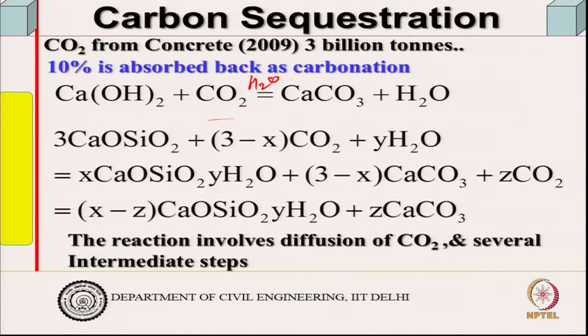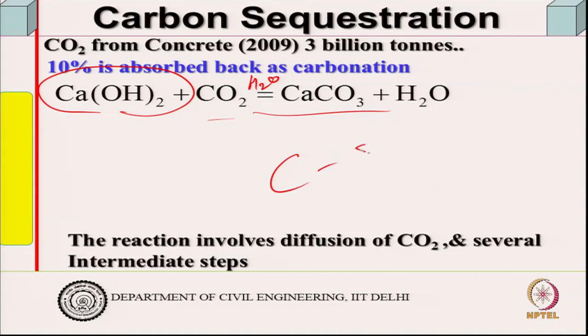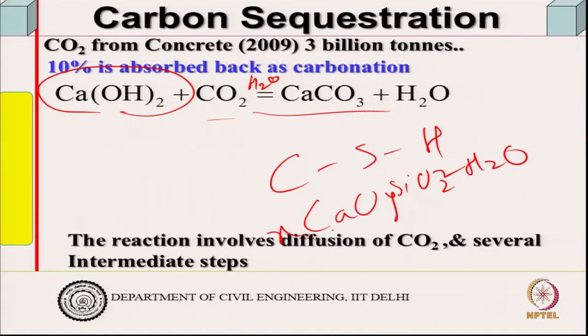Now, not only that, when I have reduced down my calcium hydroxide, the CSH, as I said, that is your calcium oxide SiO2 H2O, some X, Y, Z, will be the calcium silicate hydrates.